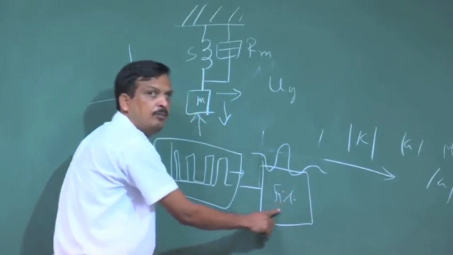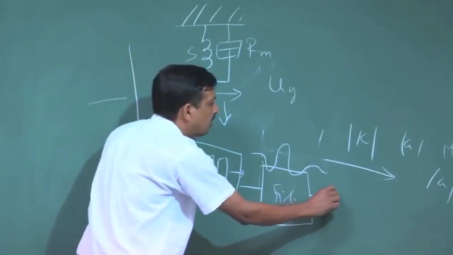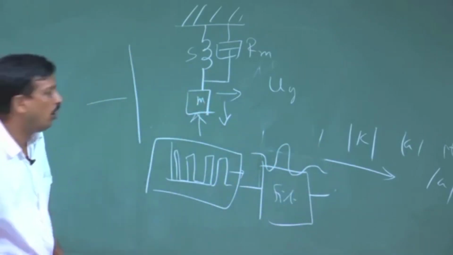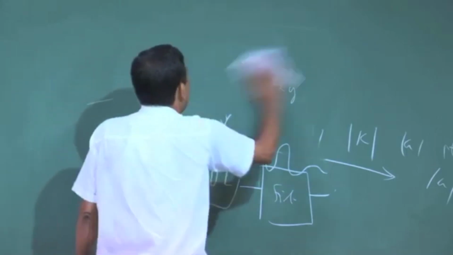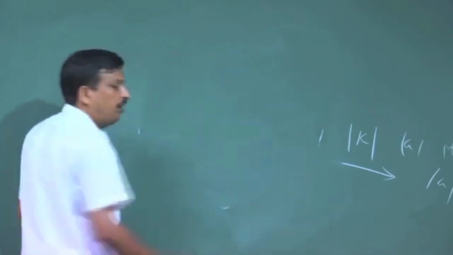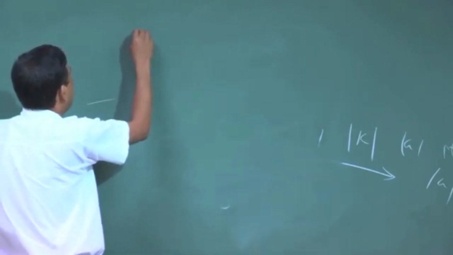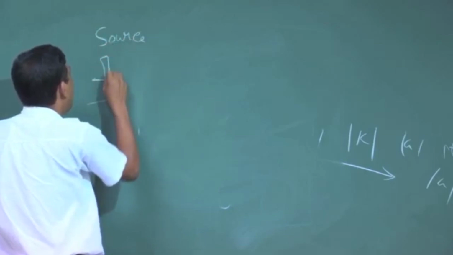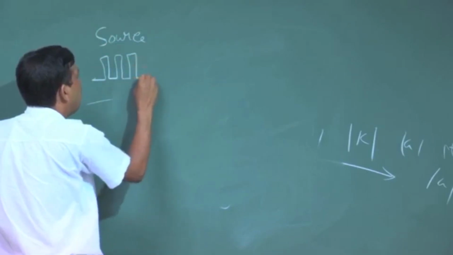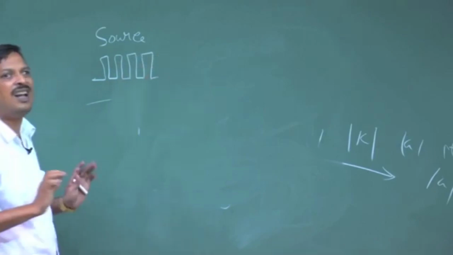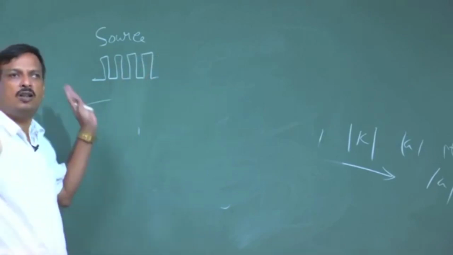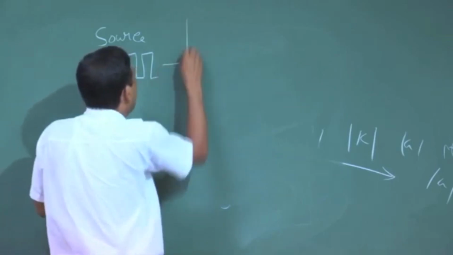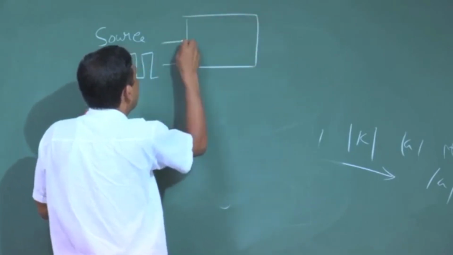Depending on the filter structure, different sounds can be generated. So, in the engineering model of the human production system, it is a source filter model. So, the vocal cord is producing the source, which is nothing but an impulse, either sound is present or sound is absent. Either the source can be present or the source can be absent. Then it passes through a filter.